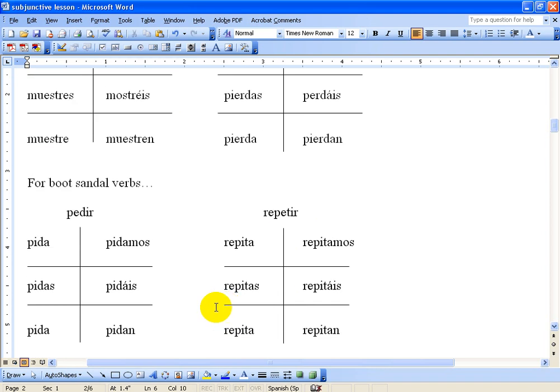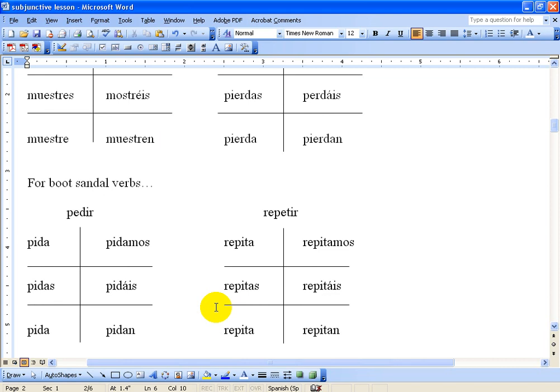However, for sandal verbs, maybe you've learned this, in the preterite we have something called sandal verbs. I think some people call them something else. The technical term is a stem changing verb in the preterite, and that is when the bottom two forms in the preterite have some sort of a change.